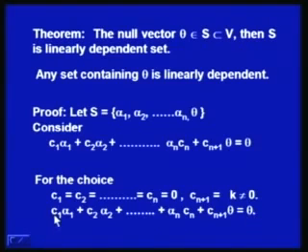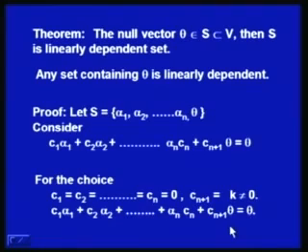Why? Because C1 is 0, so this term is not contributing, C2 is 0, so this is not contributing, similarly this is not contributing. What remains is only the term Cn plus 1 into theta. So whatever Cn plus 1 is, even if it is not 0, Cn plus 1 into theta is 0. So I have found one solution in which all C1 to Cn are 0, but Cn plus 1 is not 0.